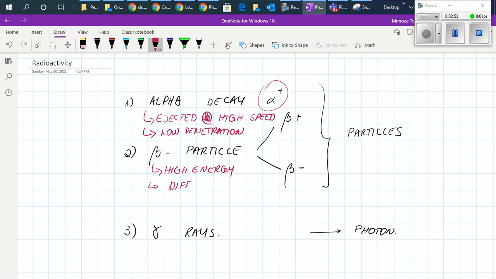They penetrate a few centimeters of aluminum foil, so they have a higher penetration than alpha particles, but not extremely high.